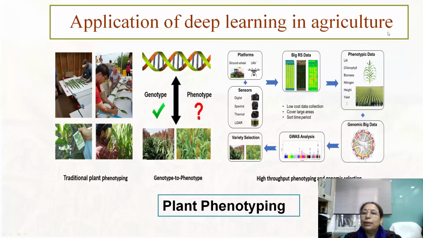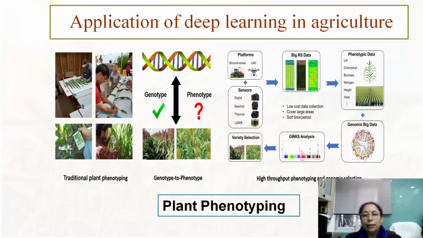You can see the various phenotypic data being collected with the help of these sensors: leaf area index, chlorophyll identification, biomass estimation, nitrogen deficiency estimation, height, width, and the yield estimation related to all these phenotypic traits.